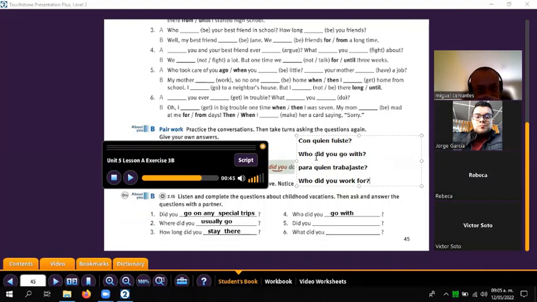So my point here is whenever you have a para, oye, ¿para quién? O ¿con quién? Cuando empiecen en español la pregunta con una preposición, esa preposición tiene que aparecer al final. Ok.